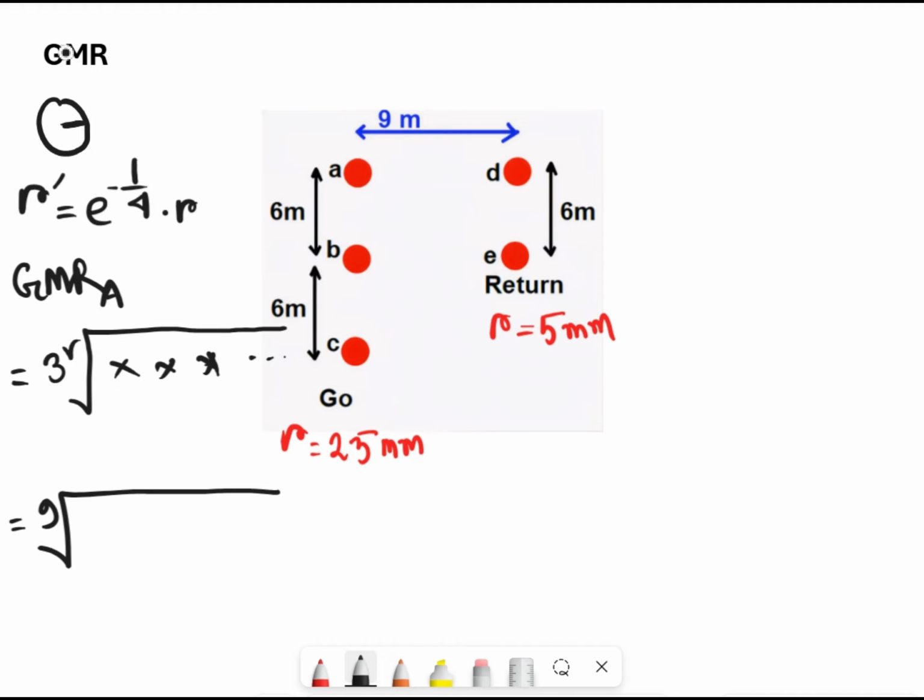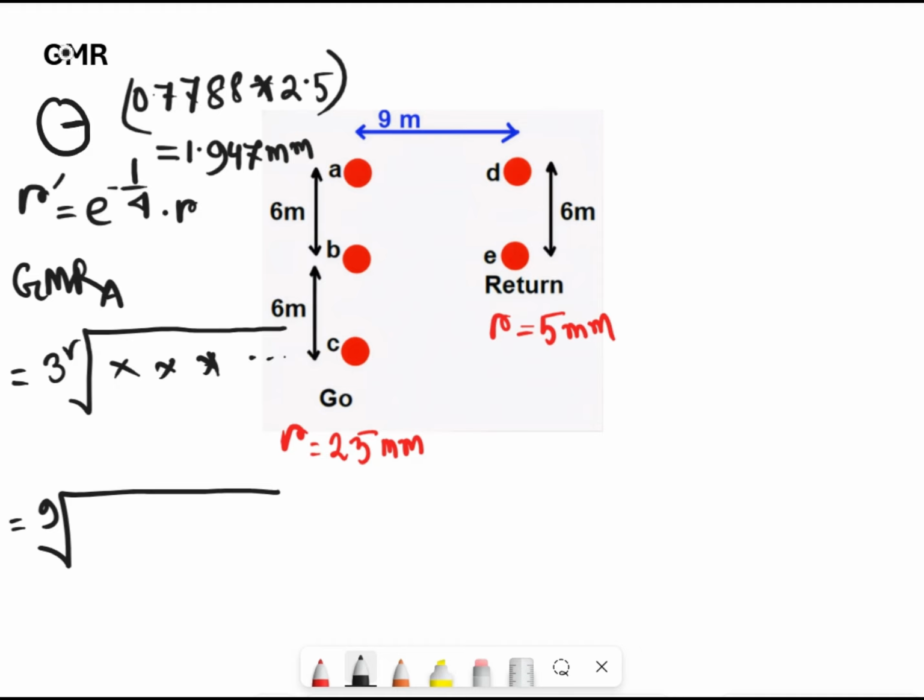Why e to the power minus 1 by 4? Because all of these three conductors are made of solid material, and the value of e to the power minus 1 by 4 is equal to 0.7788, and the radius is 2.5 millimeter, right? So from this we get the value 1.947 millimeter, or 10 to the power minus 3 meter.